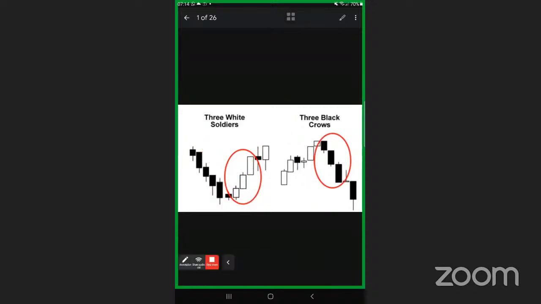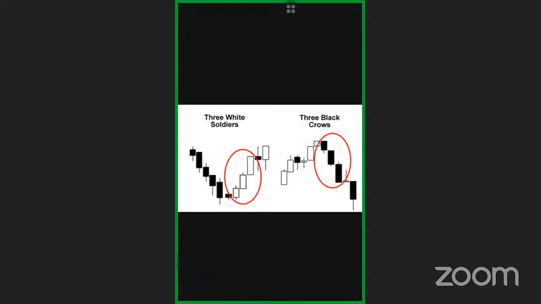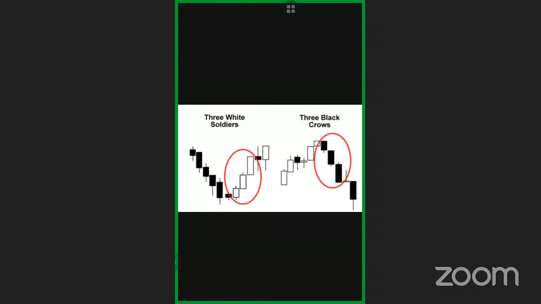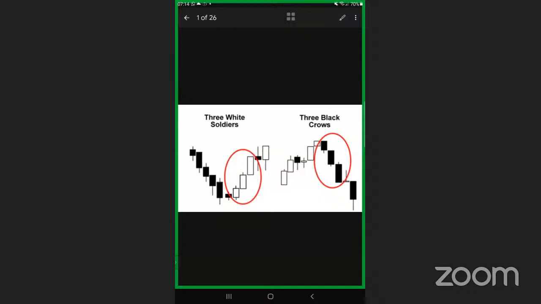I don't know if I am speaking to somebody. If you are here with me on the three white soldiers, give me a 3 in the chat if you have understood.